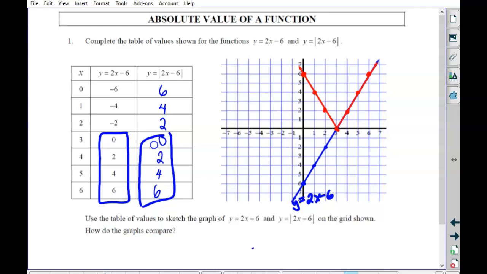Anything that's below gets reflected in the x-axis. So you don't have to find a table of values. You can just strictly look at what's the y value here, now it becomes positive. What's the y value here, now it becomes positive. Anything that was positive stays there.